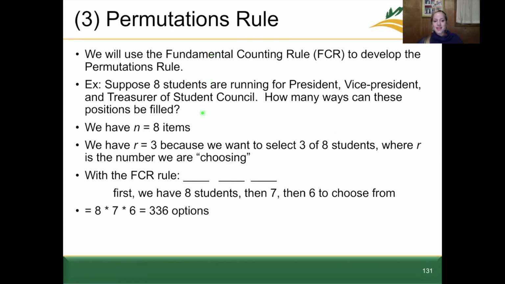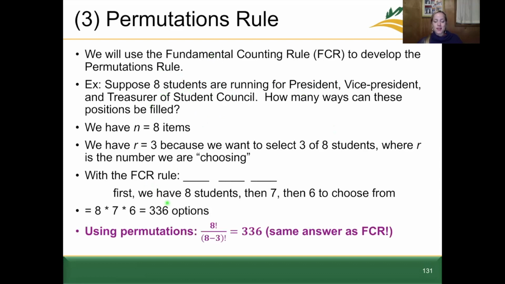Now, going back to this example with president, vice president, and treasurer, where we had 8 students to select from, let's try using the equation we just learned about. So using the permutations equation, we had 8 different students or 8 different items to select from, so 8 factorial.